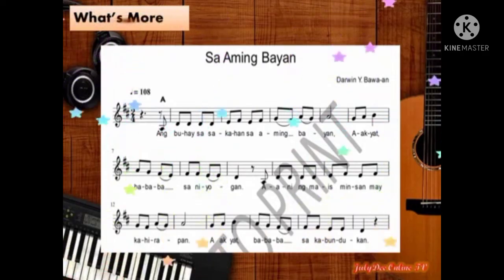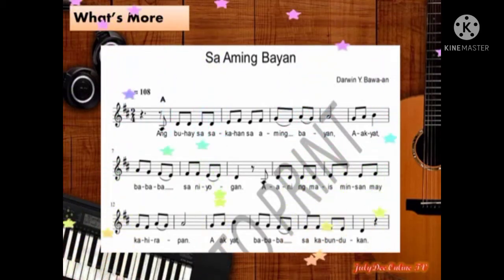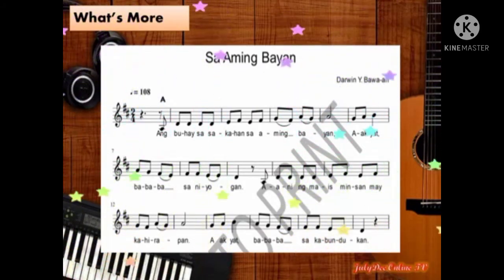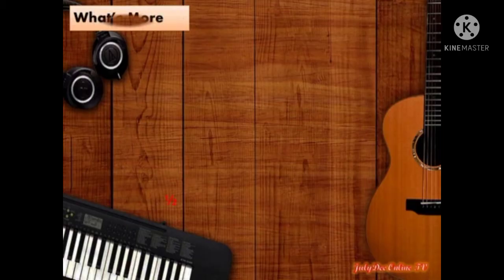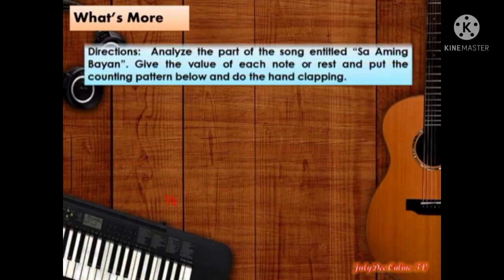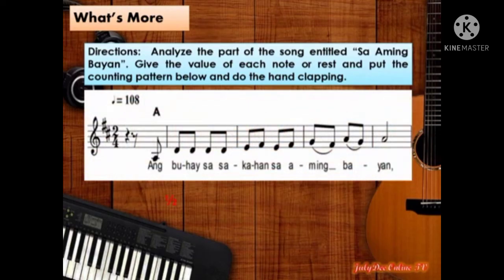Study the song Sa Aming Bayan in What's More. Directions: Analyze the part of the song entitled Sa Aming Bayan. Give the value of each note or rest and put the counting pattern below and do the hand clapping.